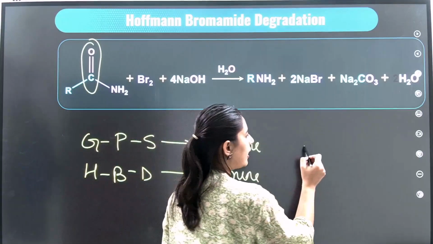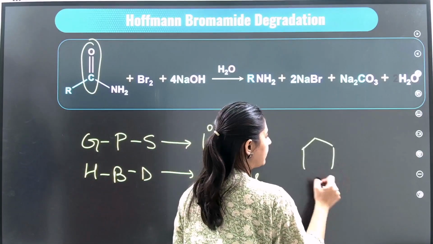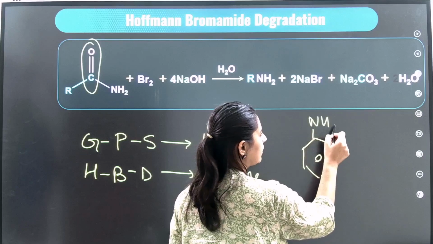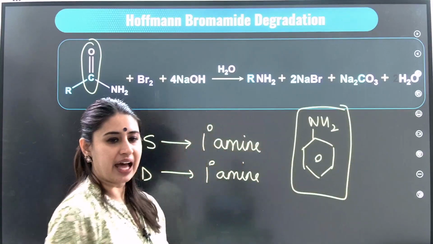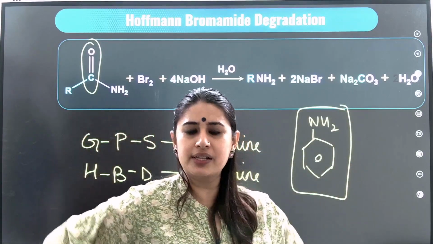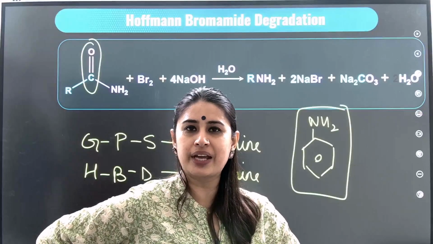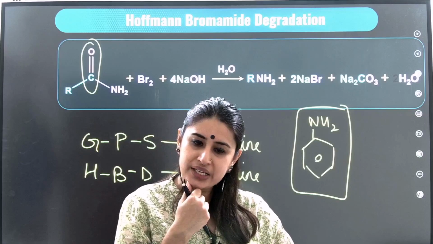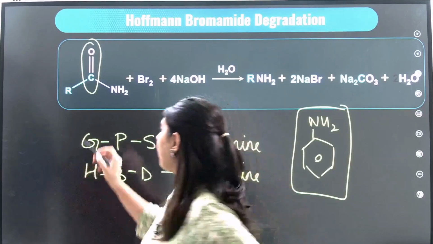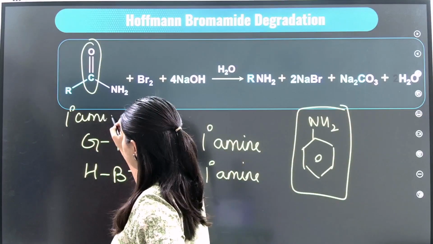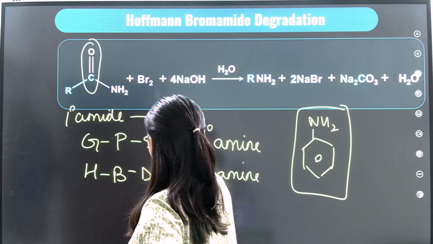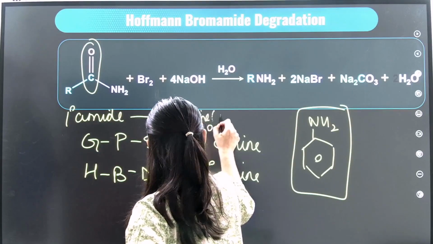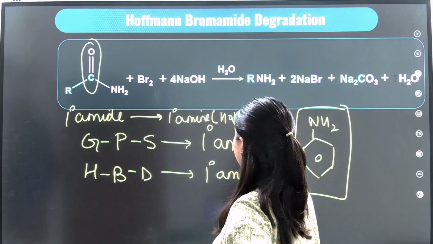But if I ask you, is it possible to get aniline, an aromatic amine, from a Gabriel phthalimide process? What's your answer? Let's see. No. But if you take a 1 degree amide, you can get 1 degree amine from Hofmann bromamide degradation.